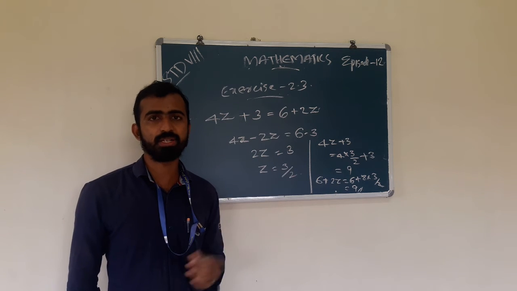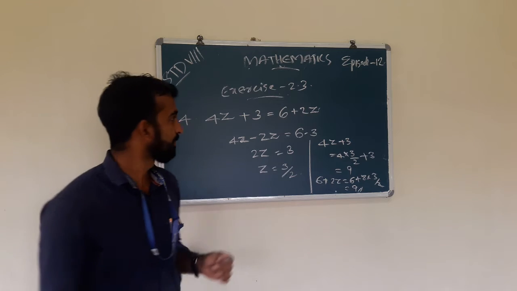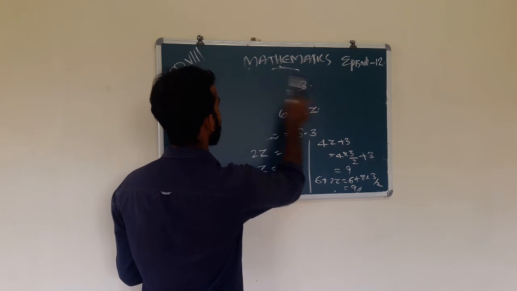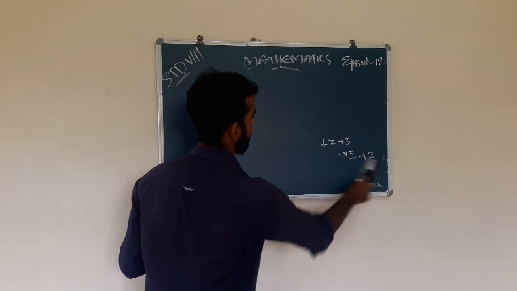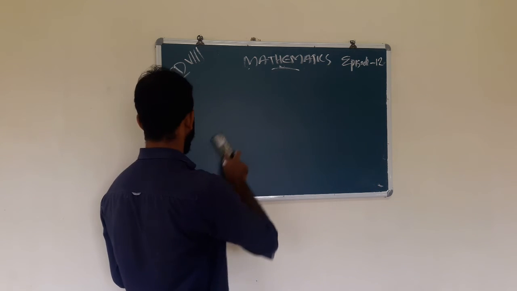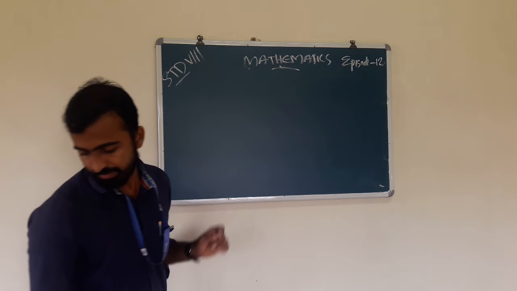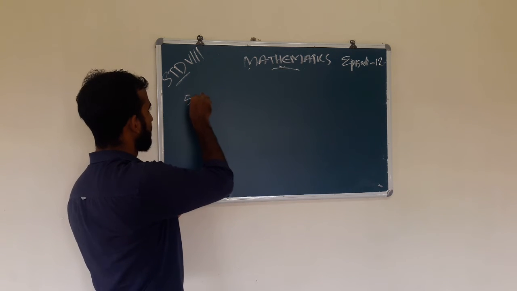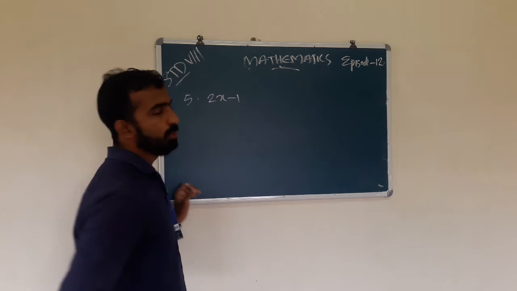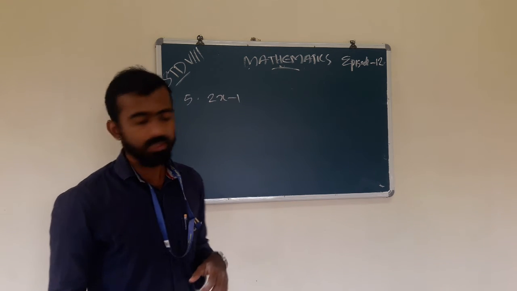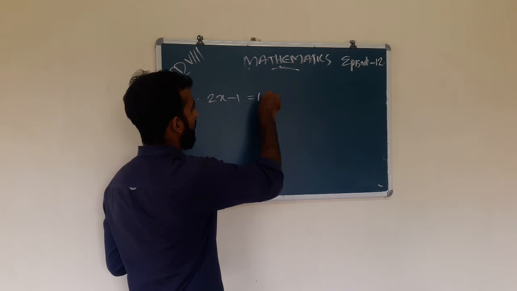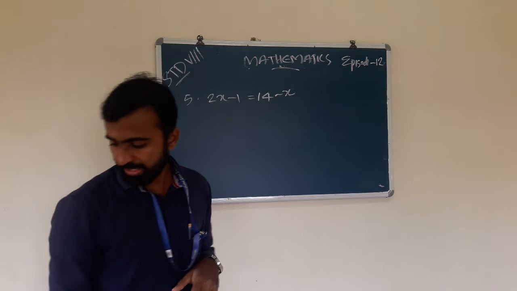Next one, the fifth one is 2x minus 1 equal to 14 minus x.